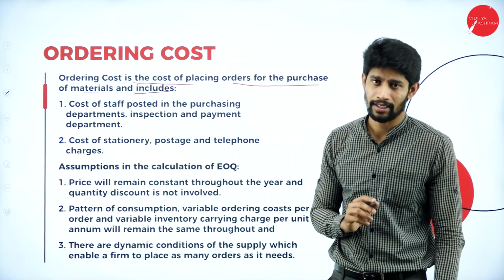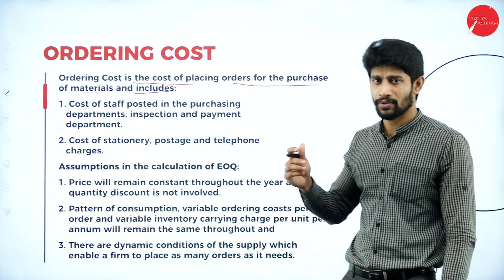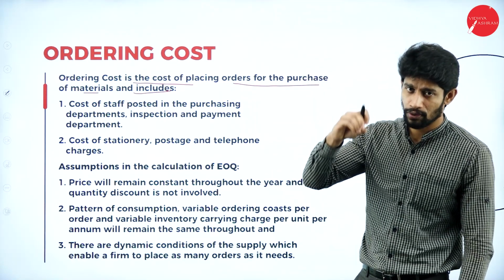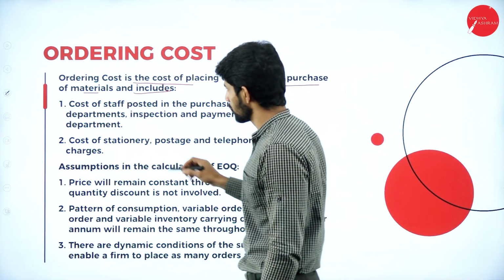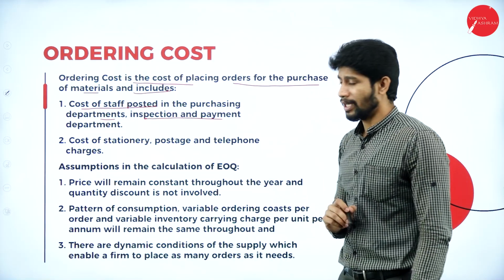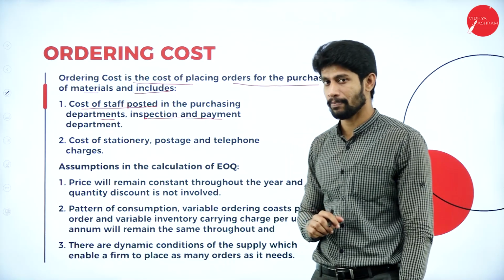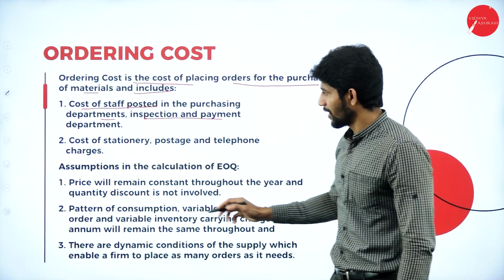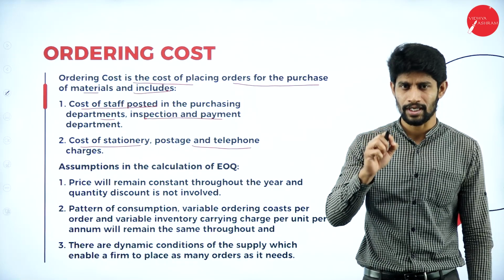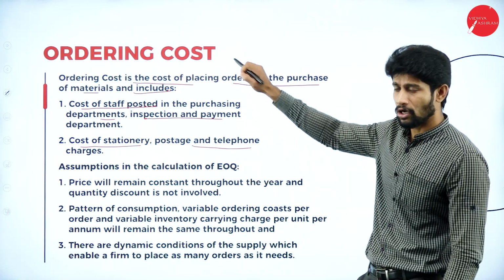Whatever cost we are incurring to purchase the material is called ordering cost, and it also includes the cost of staff posted in the purchasing, inspection and payment departments. And the cost of stationery, postage and telephone charges with respect to ordering also comes under ordering cost.